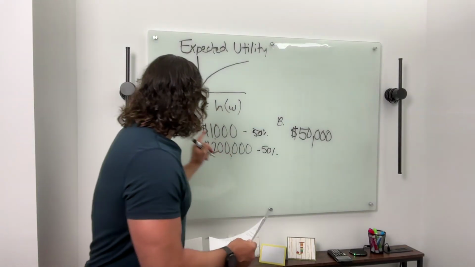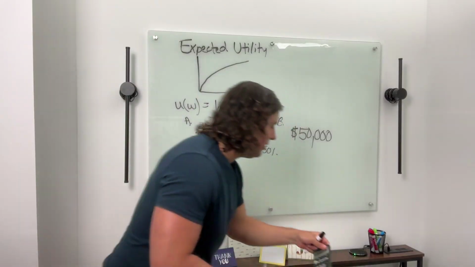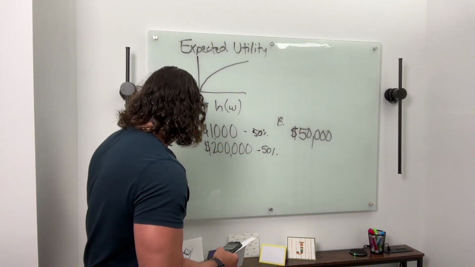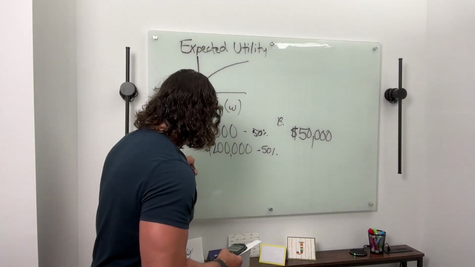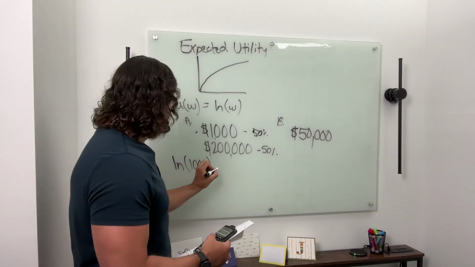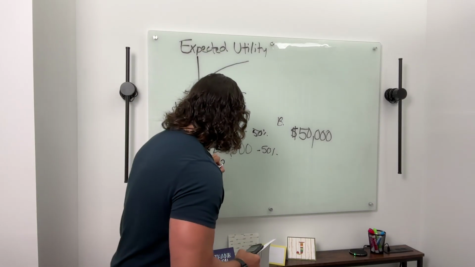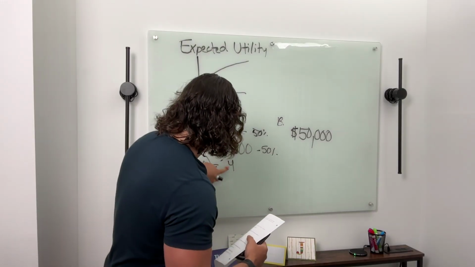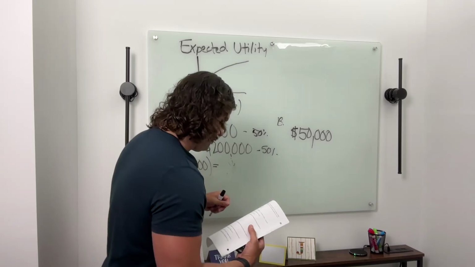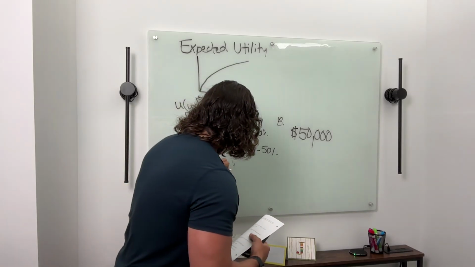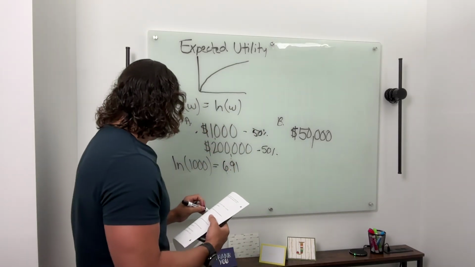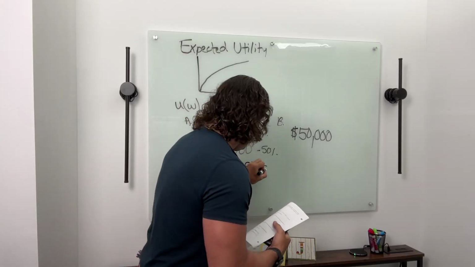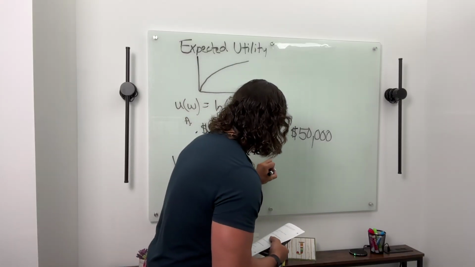Okay, so here's how it looks. If I'm punching this into a calculator, I'm typing in 1,000, and then I hit the ln button, and it's going to spit out 6.91, and then we're going to multiply that by 50%. And that's when I get the 3.45.